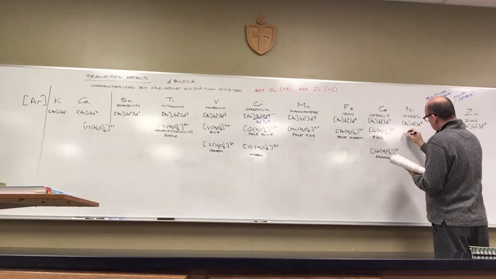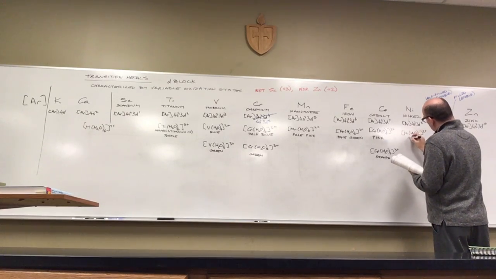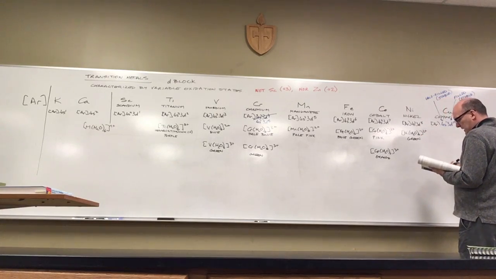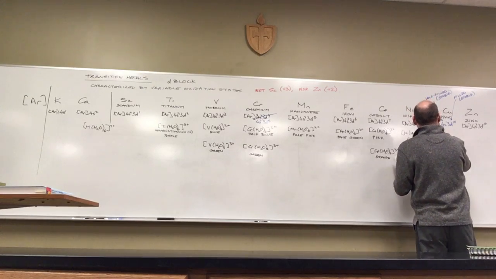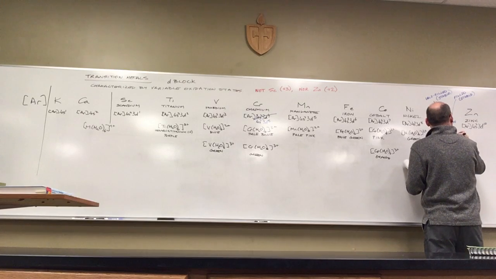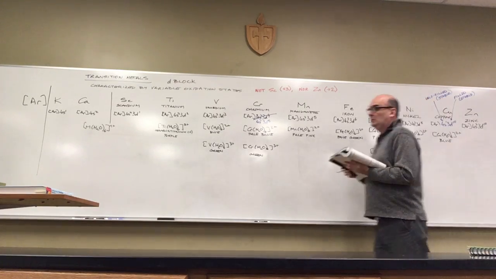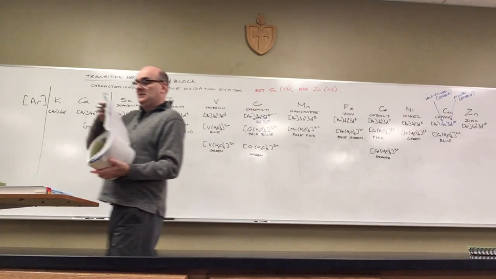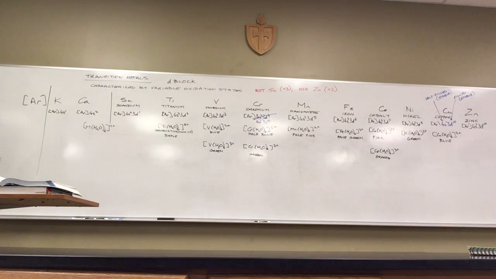And then nickel. Nickel is green. And the 3+, I'm not going to tell you about. And then copper, everybody should know what copper is. That's blue. It's a deep blue that has become known as copper blue.